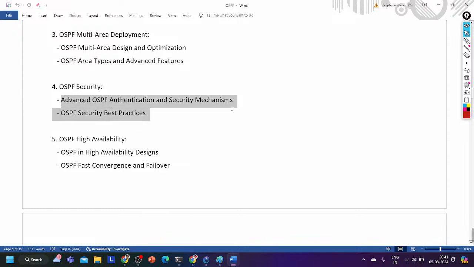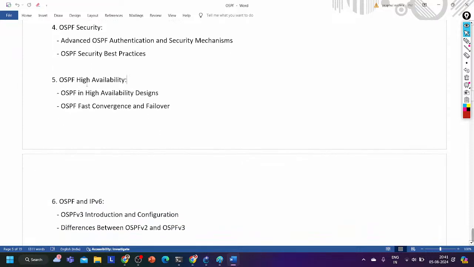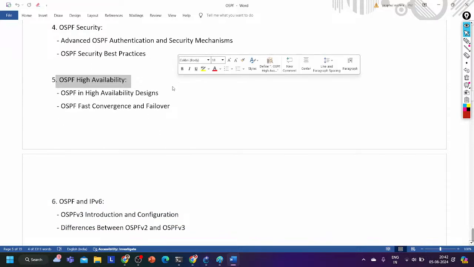Advanced OSPF authentication and security mechanisms, OSPF security best practices, then OSPF high availability, redundancy. How to configure, implement and deploy OSPF for high availability, right?